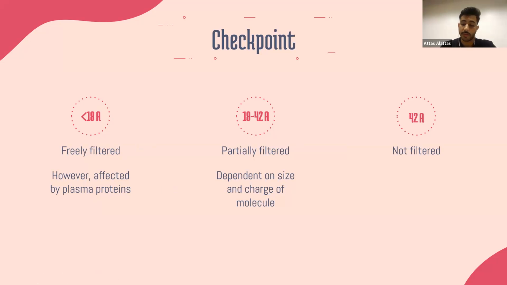The larger the radius of the molecule, the less likely it will be filtered. For charge, if it is positively charged, it will be attracted by the negatively charged pore, so it will be filtered more. Molecules more than 42 will not be filtered. Any other question?